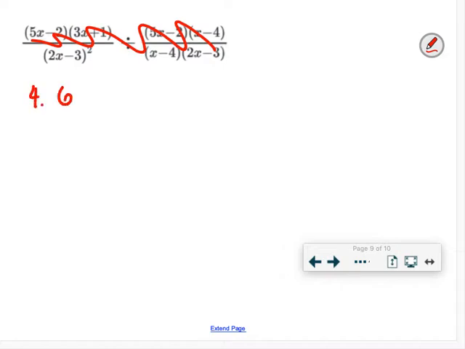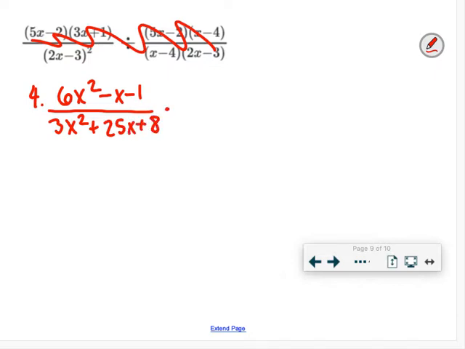So it's 6x squared minus x minus 1 over 3x squared plus 25x plus 8 times x squared plus 4x minus 32 over 2x squared plus 7x minus 4.